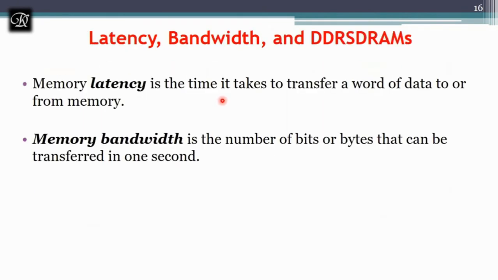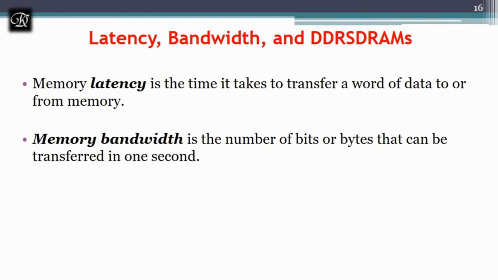Next, see some definitions: memory latency and memory bandwidth. The memory latency is the time taken to transfer a word of data to or from the memory. So if I want to transfer one word of data to memory or from the memory to the processor, the time taken to transfer that is called memory latency. The memory bandwidth is the number of bits or bytes that can be transferred in a given time.